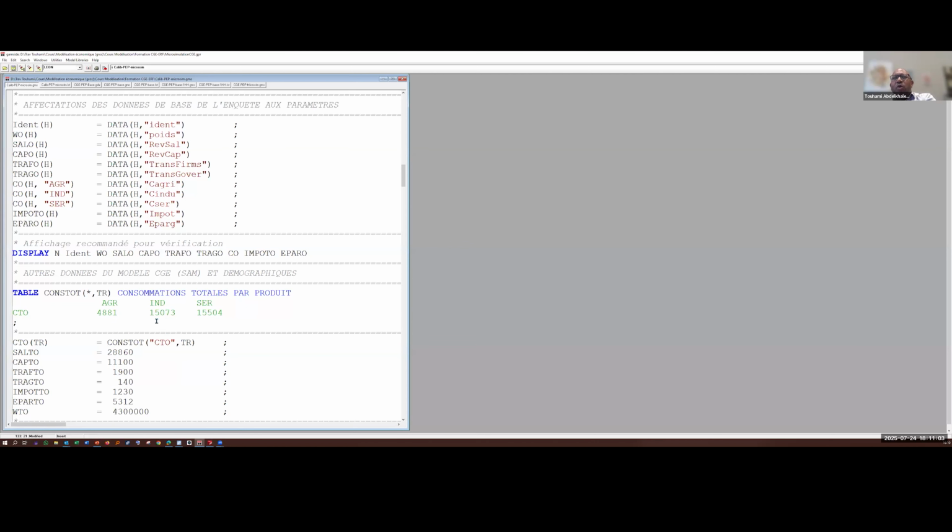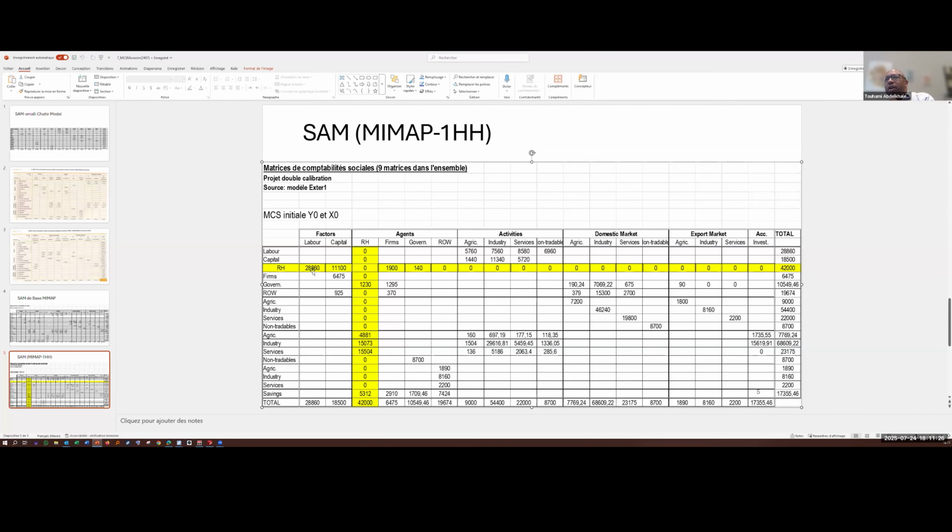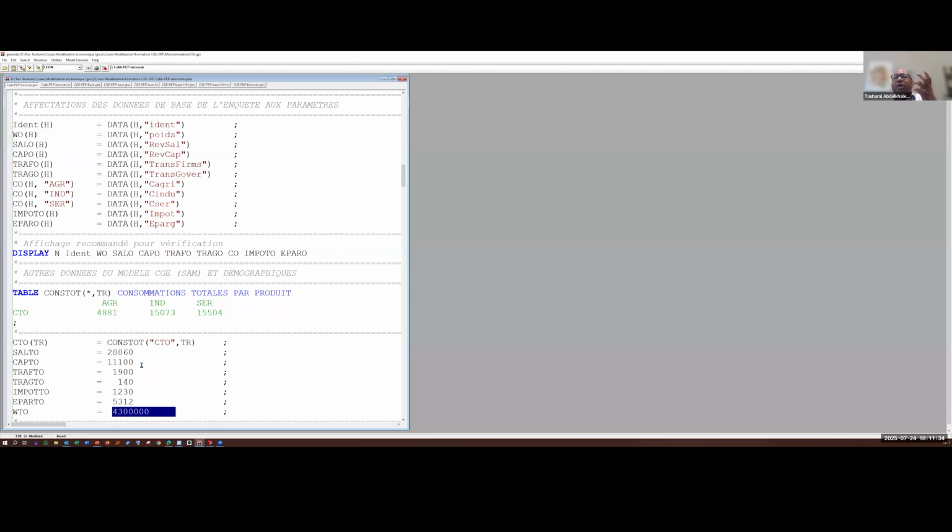This is the value we have to respect at the demographic level, the number of households, and the demographic level in the population level, all the population. And here we have the data from the sum. This is exactly what we have to respect. This is the total value we have to respect, because at the macro level, this is the data we have. And when we run our calibration, we must be sure all these are respected.